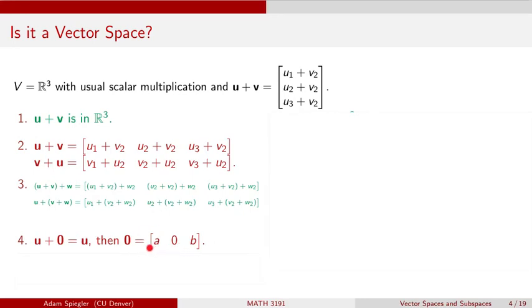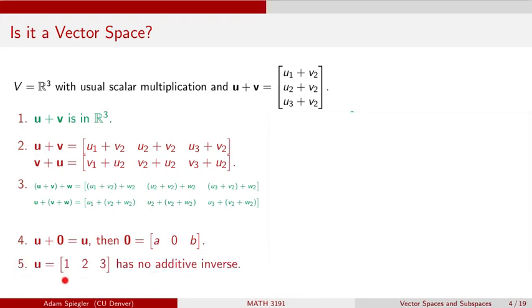So for example, if I had a zero vector which had 0 in the second position, and something in the other positions, and I add this to any vector U, since we're only going to add the second entry in this vector, this would actually satisfy this property. And there are other vectors that would work here. So we actually do have a zero vector here. The issue is we don't have just one of them. We have an infinite number of zero vectors.